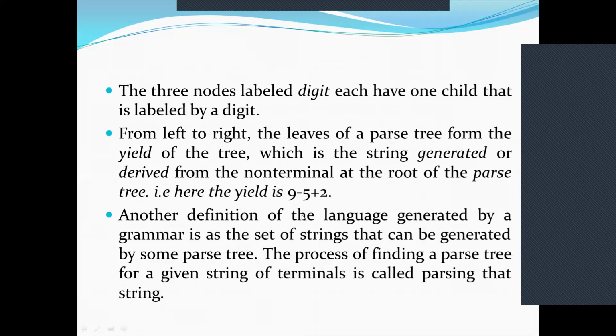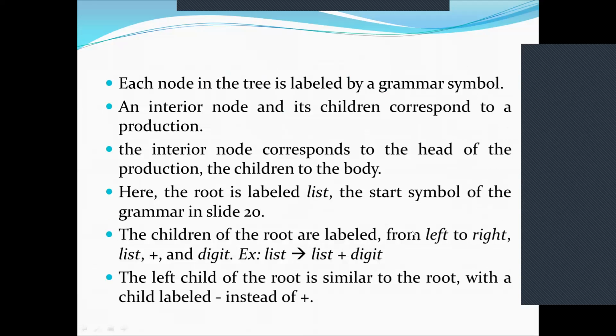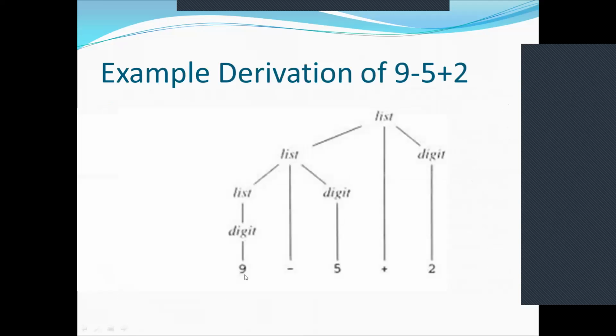So what is the yield here? You can see 9 minus 5 plus 2. This is the yield of the tree, meaning this is the outcome of the tree. So that is what it says. From left to right, what are the leaves of the parse tree? This is a leaf, this is a leaf, this is a leaf, this is a leaf, and this is a leaf.